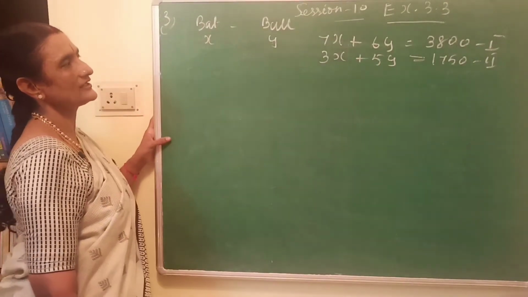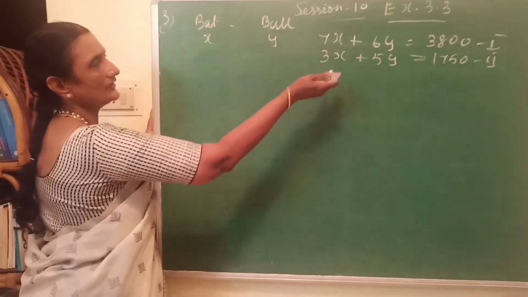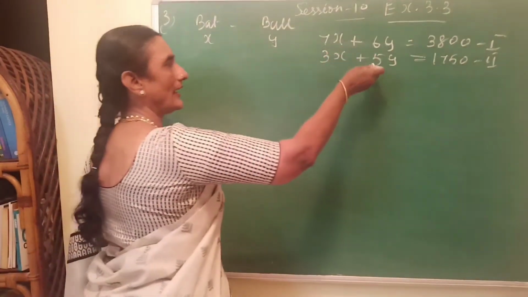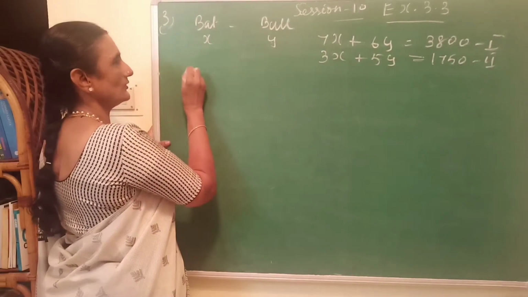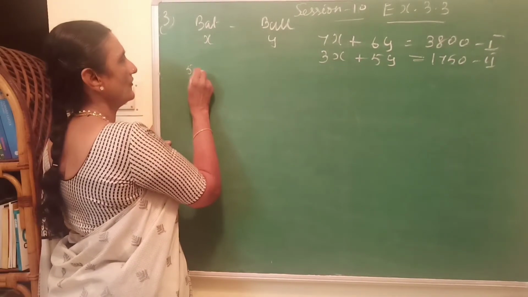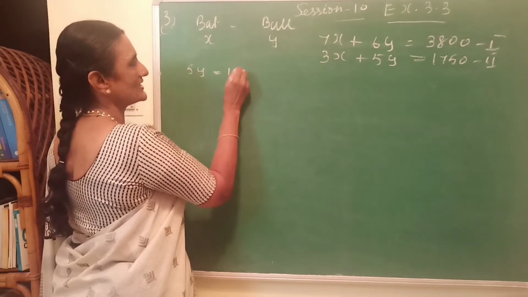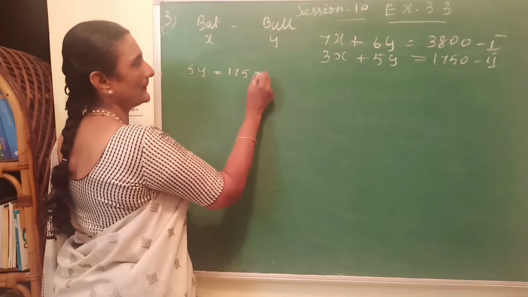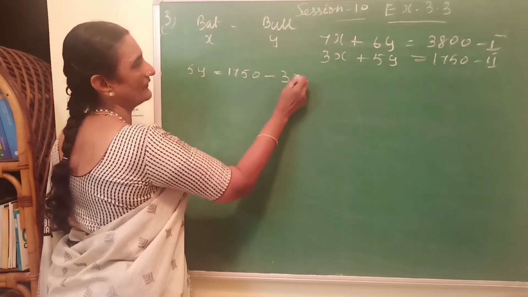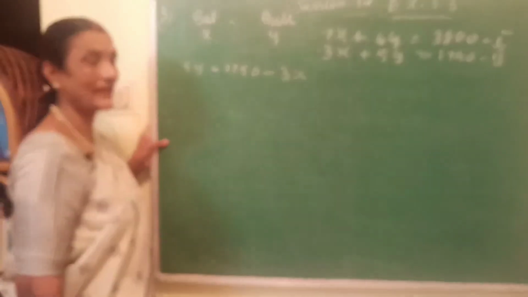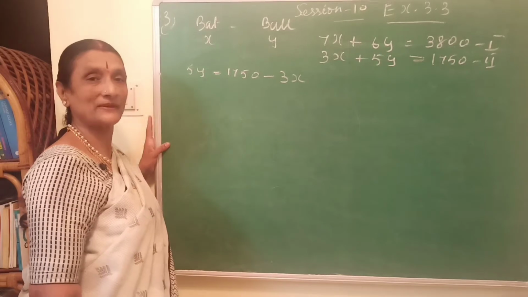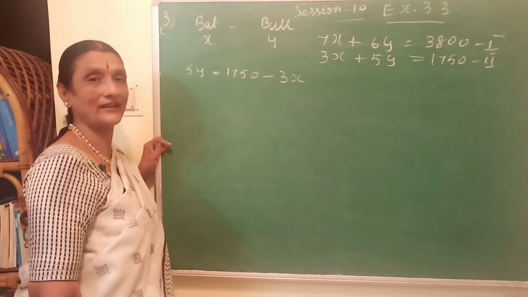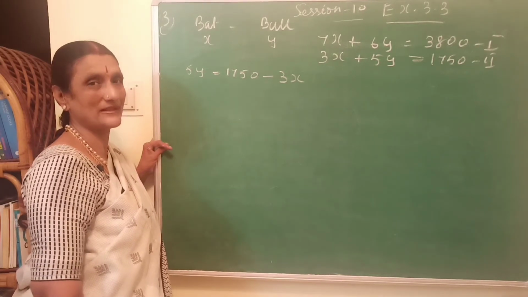So what am I going to do here? I am going to take the value of y in terms of x. From the second equation, once again I repeat, there are 4 options available. You can choose any one you want. Go through the numbers and wherever you find the numbers are simple, that is the best choice.